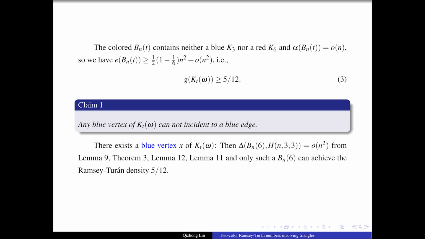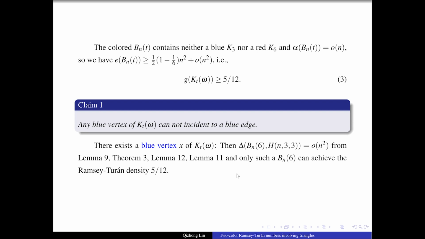And we can see that only when t equals 6, such a generalized Balabas-Erdős graph, GBE, BN6, can achieve the Ramsey-Turán density 5/12.